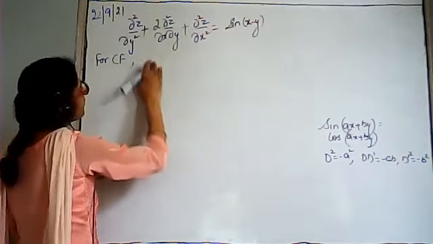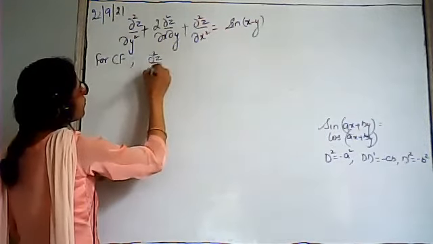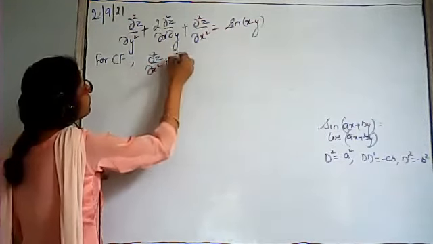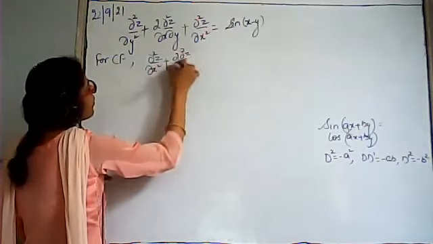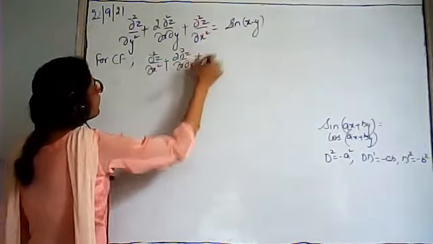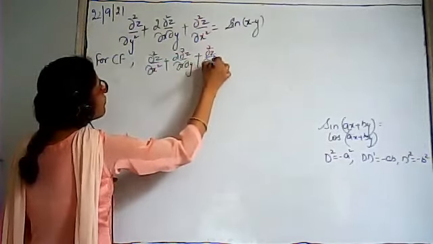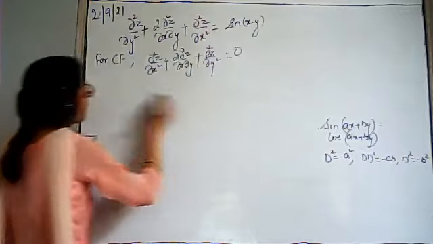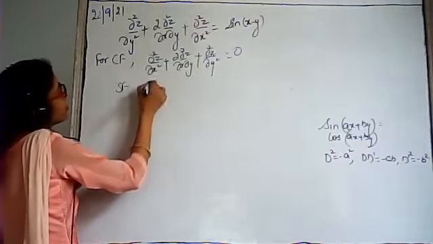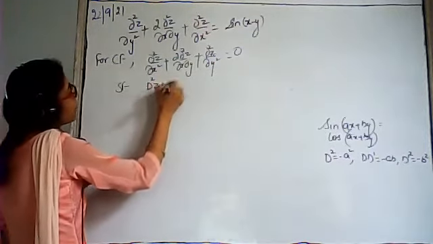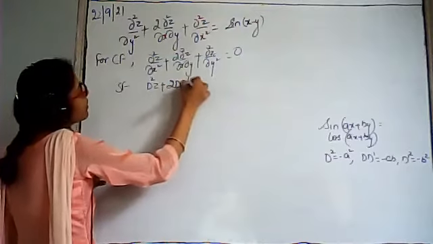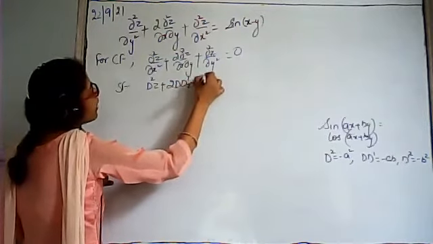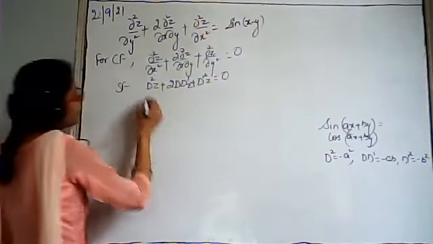let us rewrite the term again: ∂²z/∂x² + 2 ∂²z/∂x∂y + ∂²z/∂y² = 0. So the symbolic form will be (D² + 2DD' + D'²)z = 0.